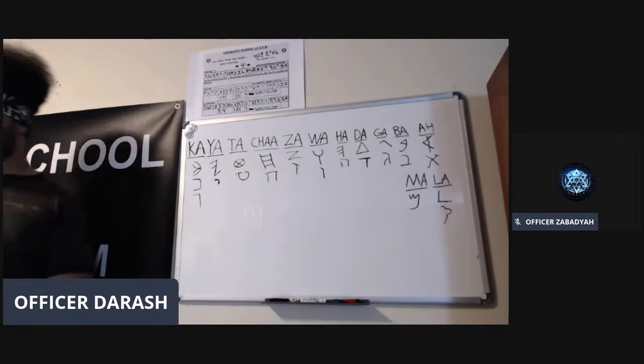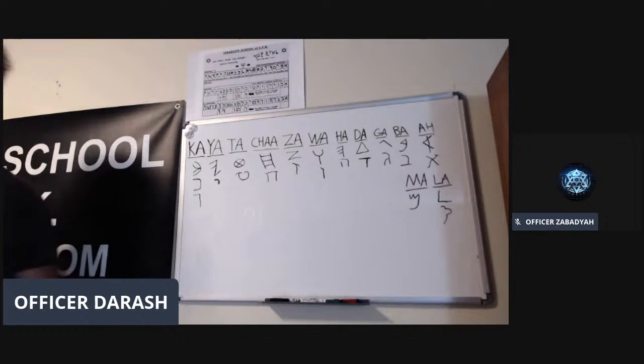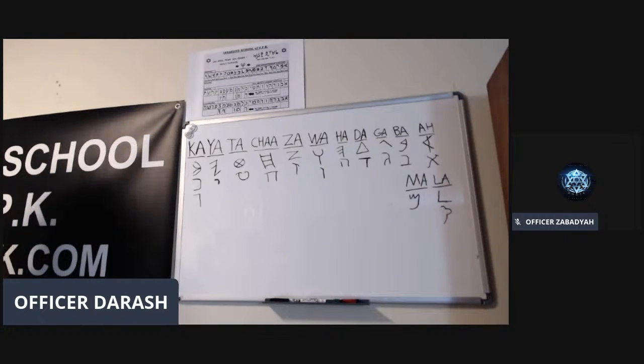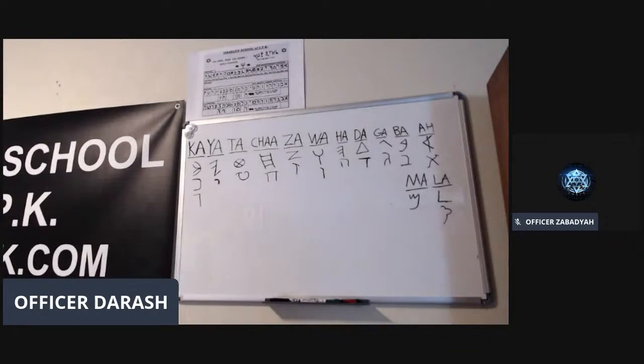Same word for water. Mayam. You see that in Genesis chapter 1 a lot. Mayam. All right, that's what it looks like in the ancient. Mayam. I'll give you guys a minute.